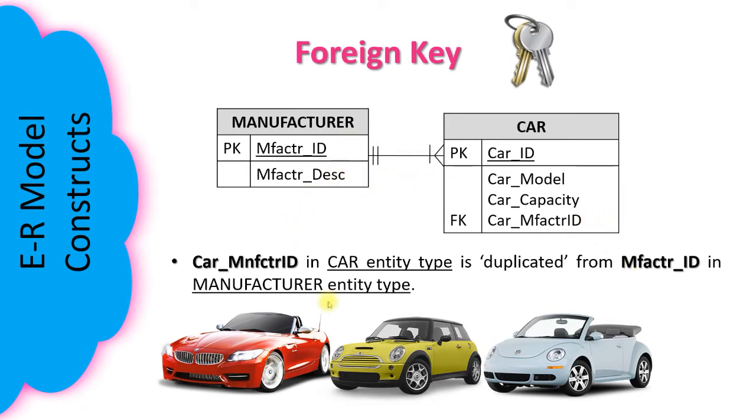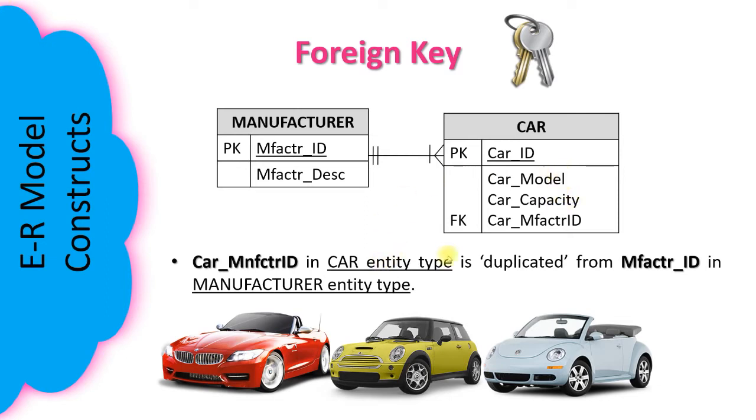Here, manufacturer ID in the car entity type is duplicated from manufacturer ID in the manufacturer entity type. I can give you one analogy. As a Malaysian, we may travel to another country, say Australia.